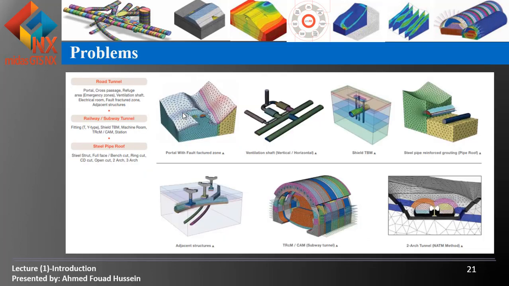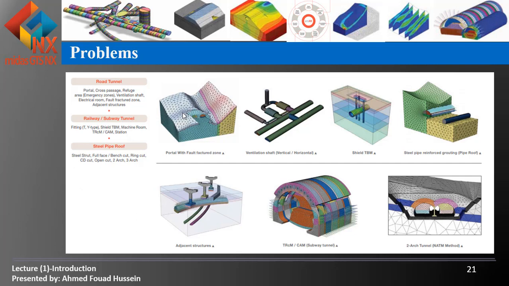Now we are going to talk about what problems we can consider in the software. As we know, tunnels are one of the main important geotechnical structures, and they are very complicated.